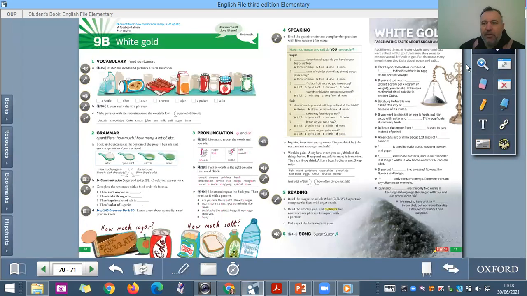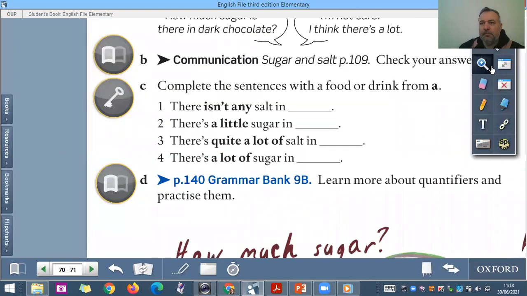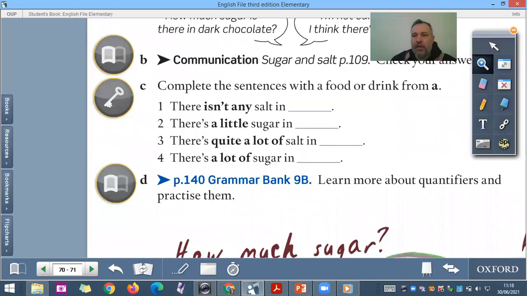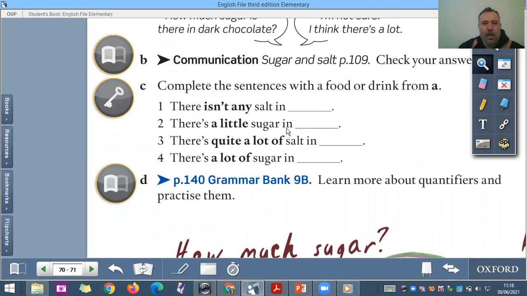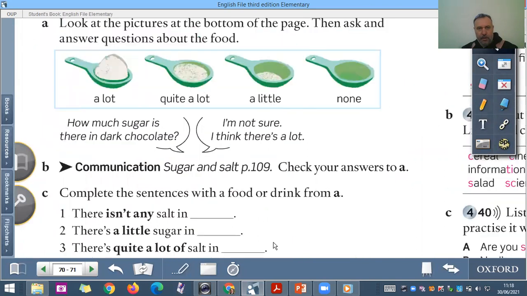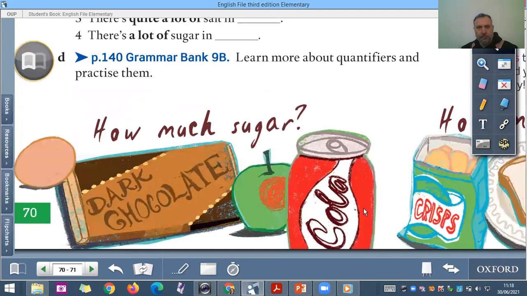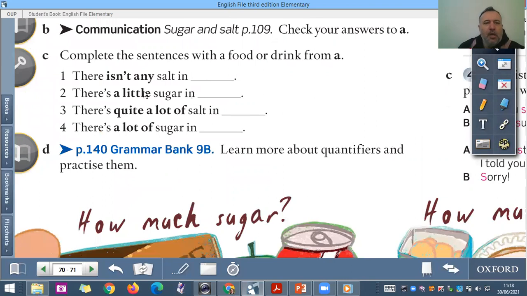Now you have to complete this exercise over here. Let me go back to it. Now you have to complete the sentences with food or drink from A, from these pictures here. Now, there isn't any salt in.